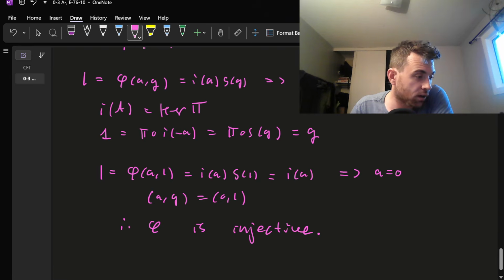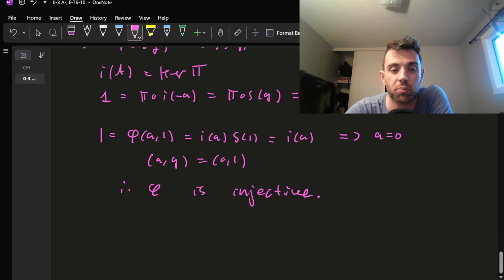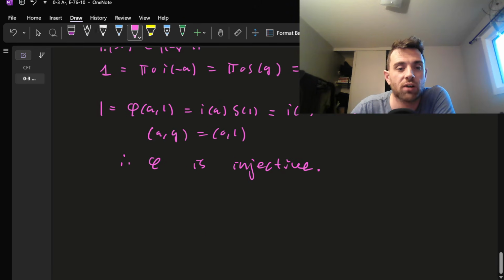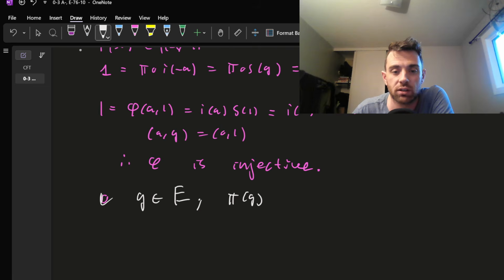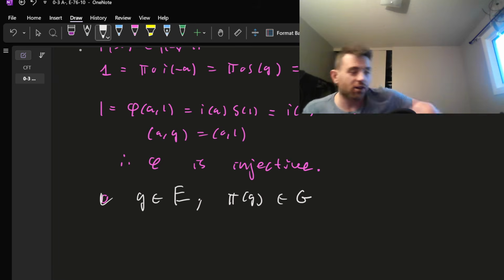Okay. How do we show surjectivity? Good question. Okay, so let's suppose that we have some arbitrary G. So let G be some arbitrary element of E. Well, then pi G is going to be in G. That's what I'm going to choose for my factor on that side.